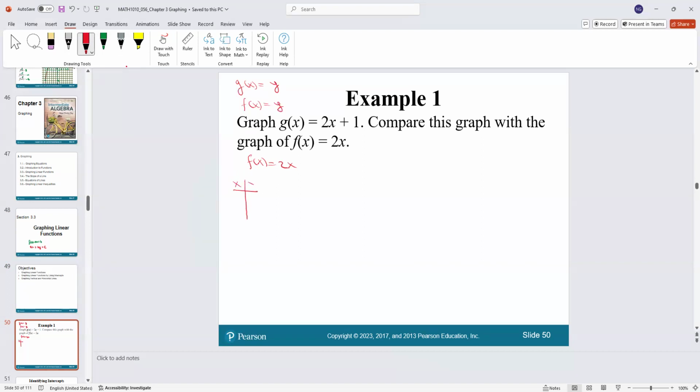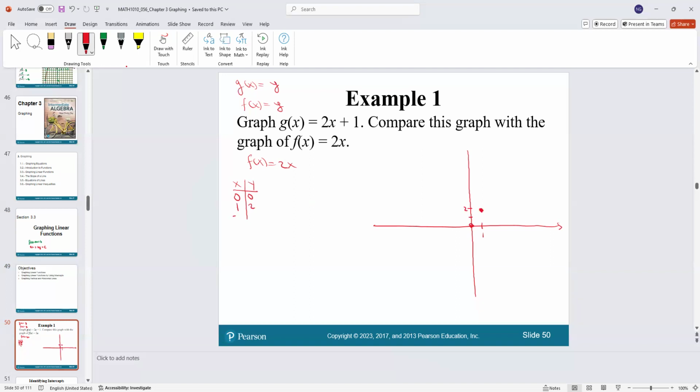Either way, whether we say f of x or g of x, anytime you plug a number for x, you obtain y. In this function, if x is 0, 2 times 0 is 0, so 0, 0 is your first point on the xy plane. If x equals 1, 2 times 1, y would be 2, so this is the point 1, 2.